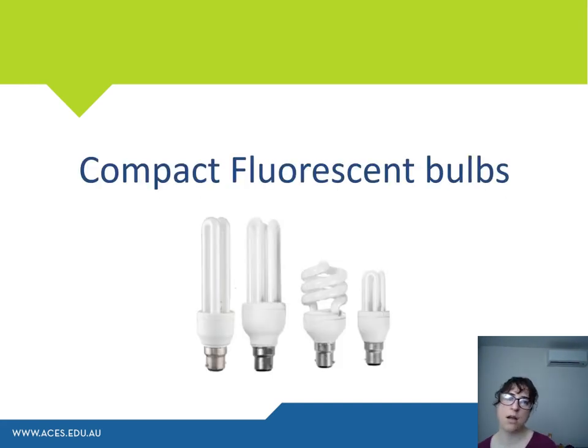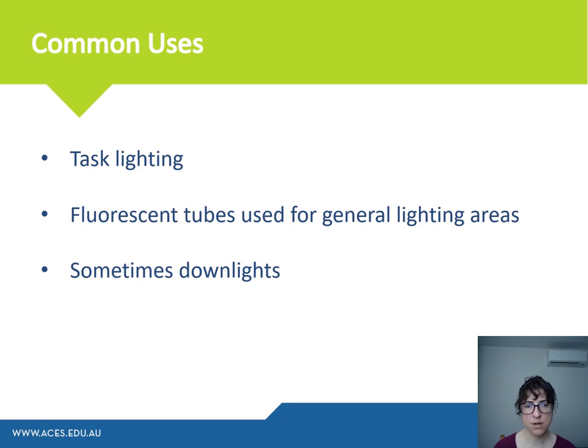So compact fluorescent bulbs. These are quite easy to tell what they look like, and I see these quite often still, especially in desk lamps. They're commonly used for task lighting. Fluorescent tubes are used for general lighting areas because it's quite efficient, so quite intense, efficient lighting for tasks.